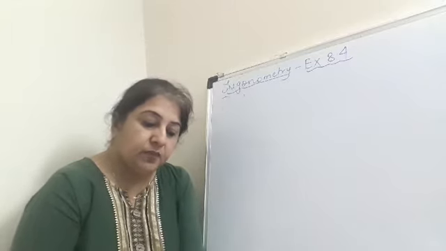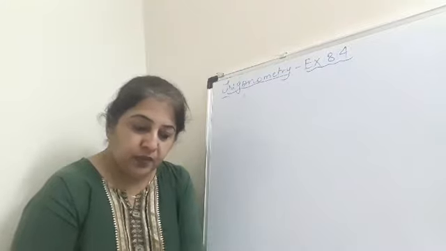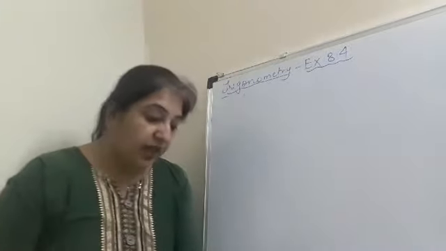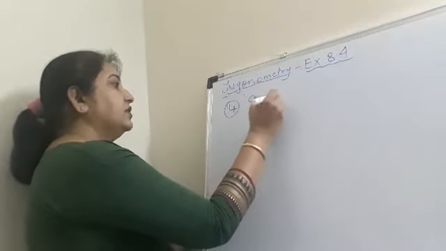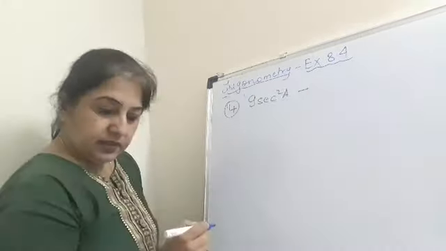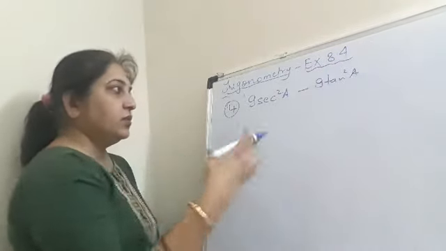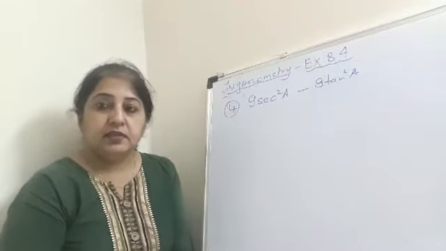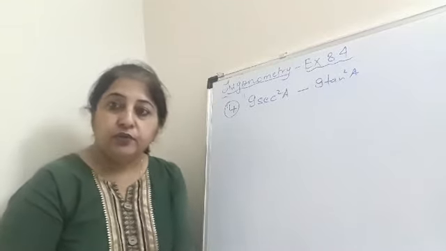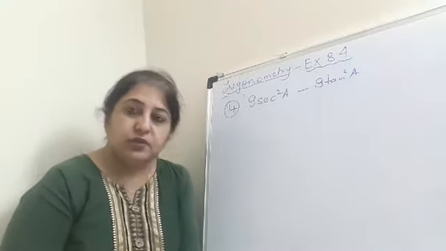Question 4 says, choose the correct option and justify your choice. The first question is 9 sec square A minus 9 tan square A. For the type of questions given here in the exercise, you have to either prove left hand side equal to right hand side, or choose the correct option.